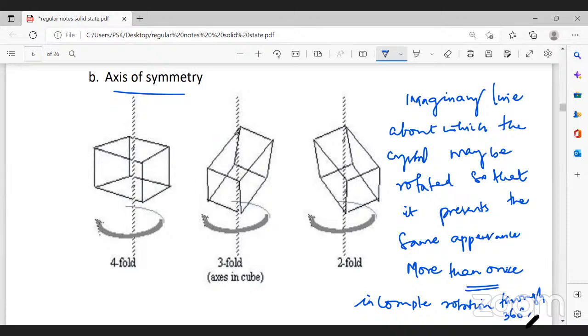We'll understand this. Now, what is this axis of symmetry? Axis of symmetry is an imaginary line about which the crystal may be rotated so that it presents the same appearance more than once in a complete rotation through 360 degrees.